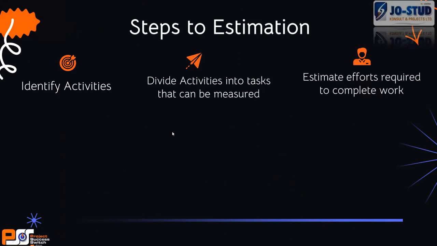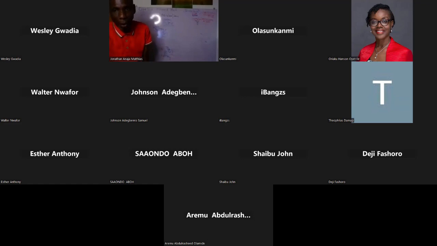Now, let me stop sharing my slide. I want empathy on this. If you are breaking your work down, you have a work to do. You have broken it down into 1, 2, 3, and you are finding it's difficult or ambiguous to put a cost and time to 1, 2, 3. It means you are not there.